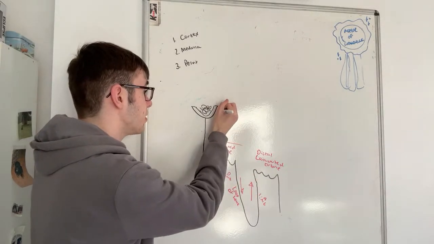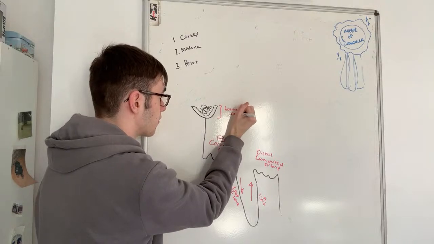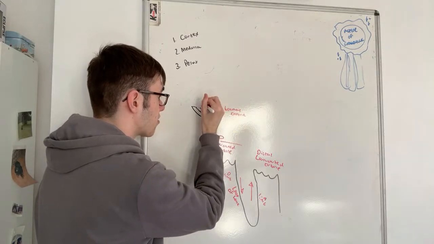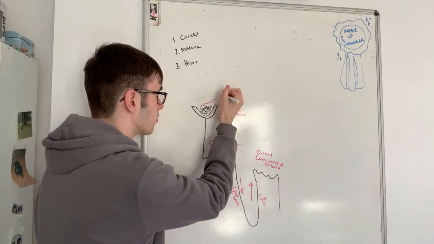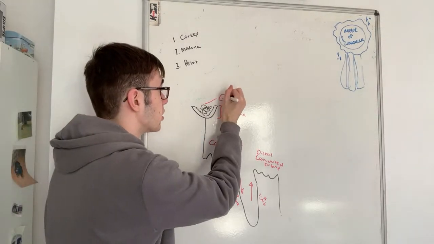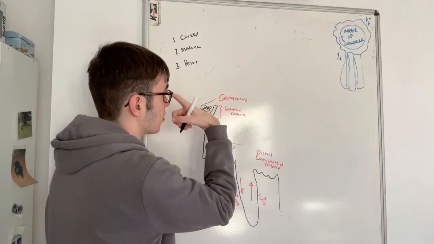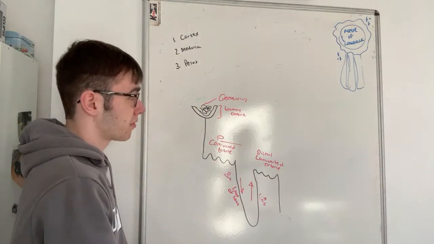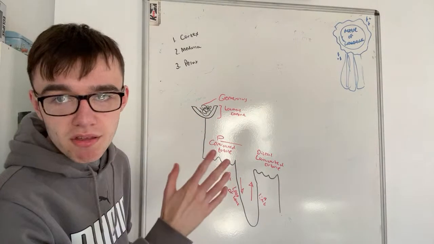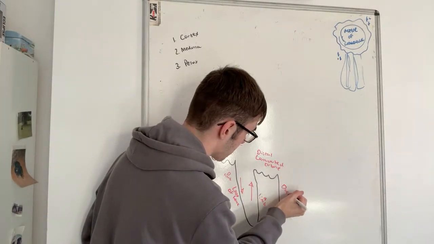This is going to be the Bowman capsule. That is going to be the glomerulus. I don't know how you pronounce it. But that is the nephron. And this is obviously going to be the duct.